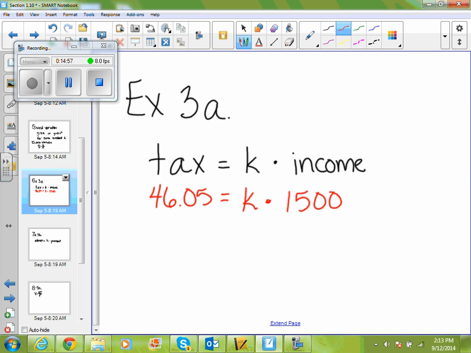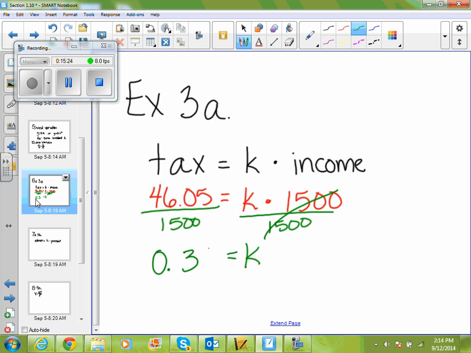So we're going to get k by itself. We need to get rid of this times 1,500, so how are we going to do that? Divide by 1,500 on each side. What is 46.05 divided by 1,500 to 3 decimal places? 0.031. So k is approximately 0.031.